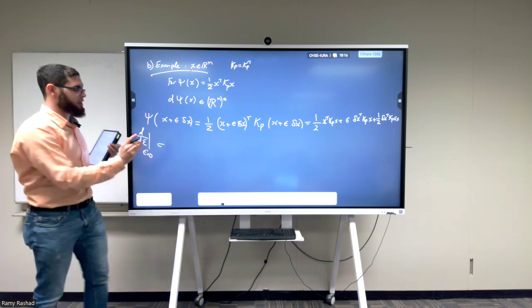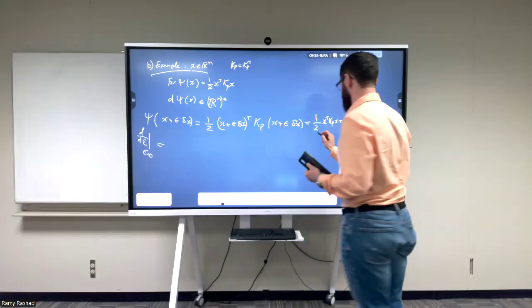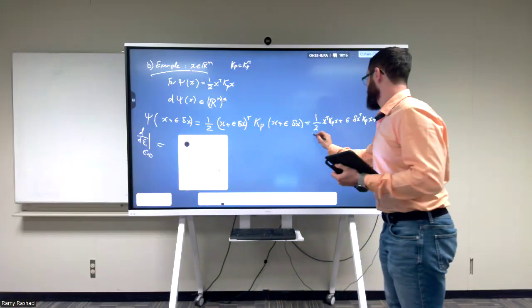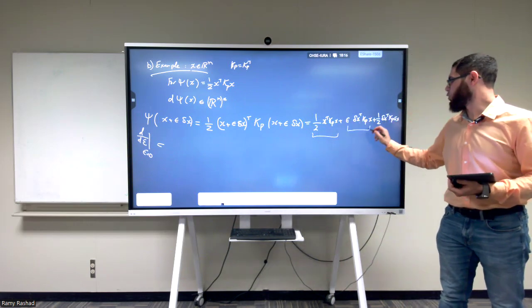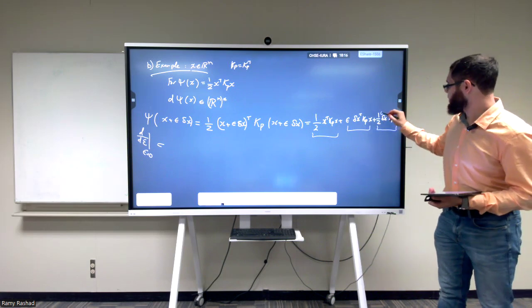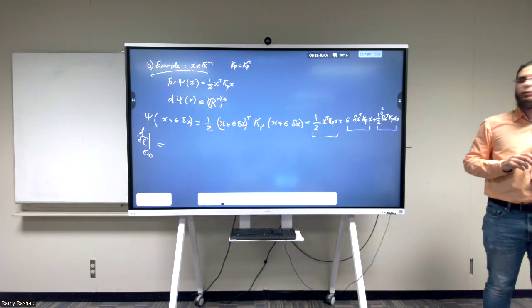What do you get? First of all, we have 3 terms. This one is not a function of epsilon, and this one is only a function of epsilon, and this one, there's actually something missing here. It should be epsilon squared. It's quadratic in epsilon.